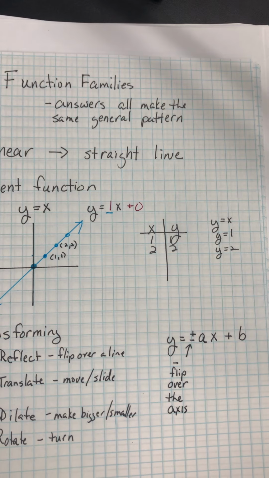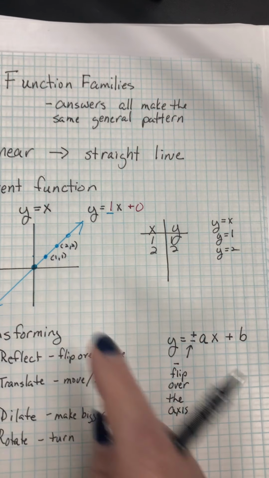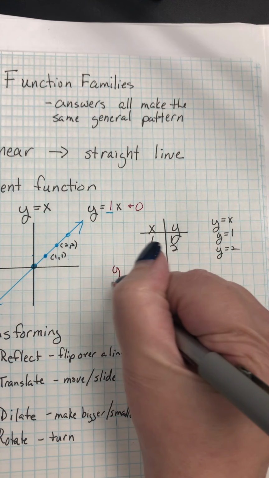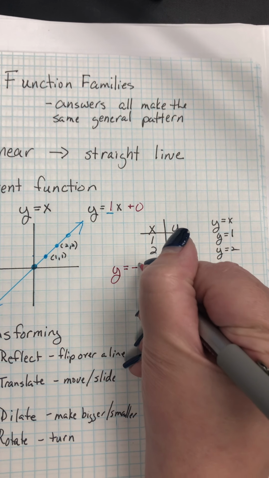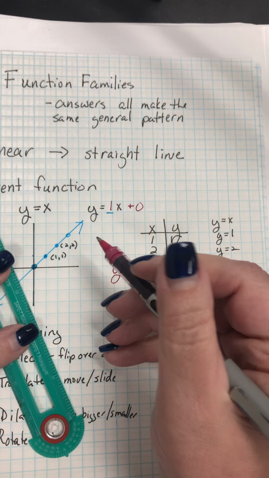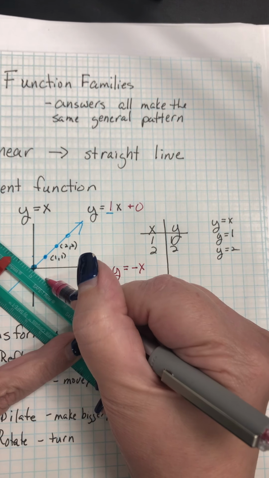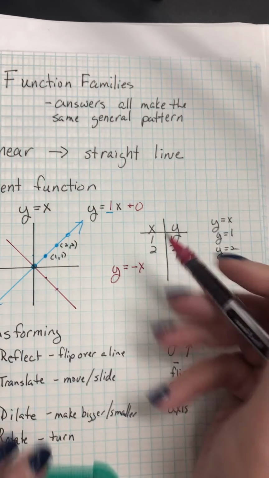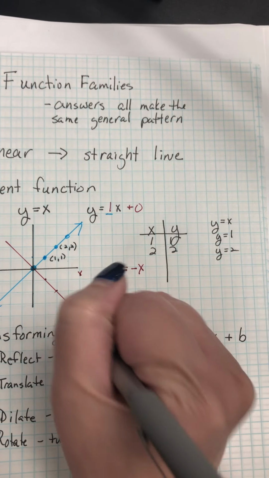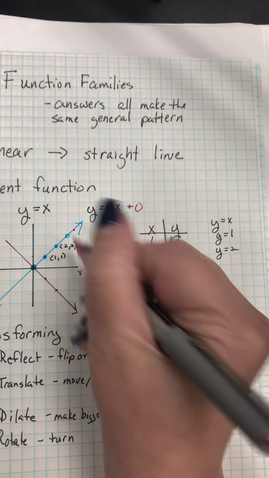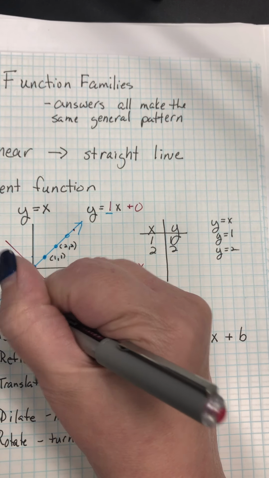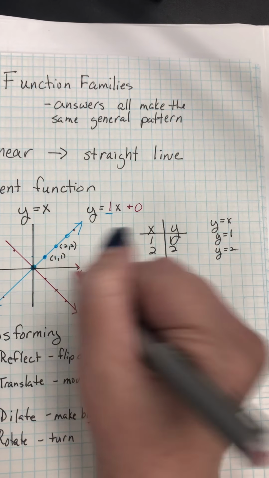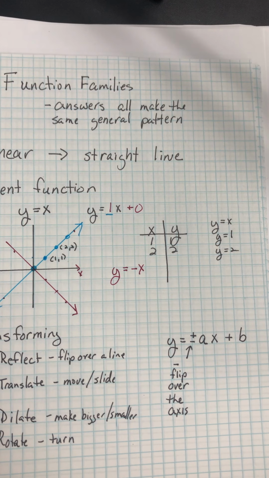So if I were to look back up here at my original equation, and instead of y equals x, I had y equals negative x, my equation would still be a straight line, but it would reflect over the x-axis. So instead of being above, it is now below. Where it was below, now it is above. It is essentially going over this axis.